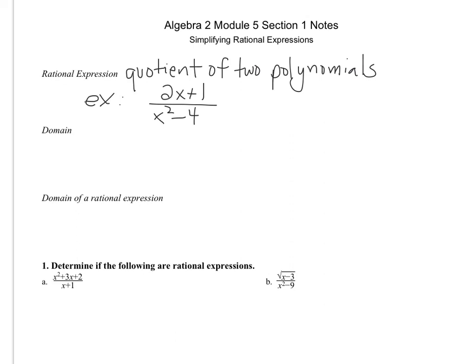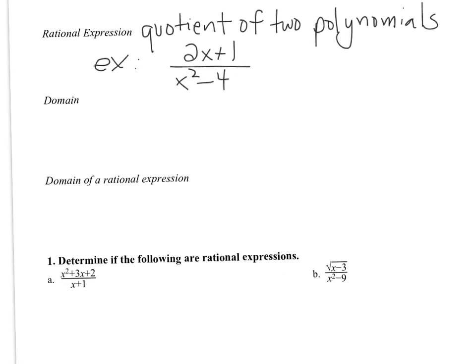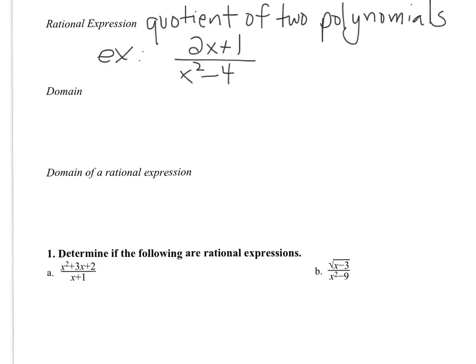Now, the rational expressions are a kind of unique type of relation, as they are the first one that has an interesting domain. Now, domain, if you recall, domain are the possible x values that would work in a relation. It's the x values you can plug in.